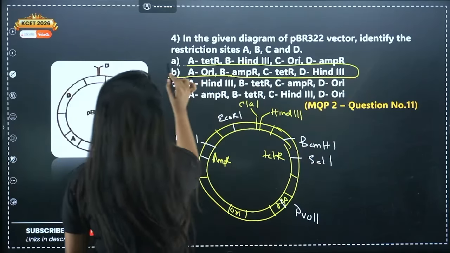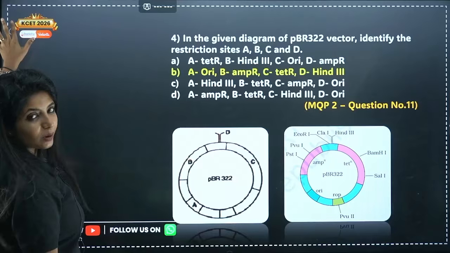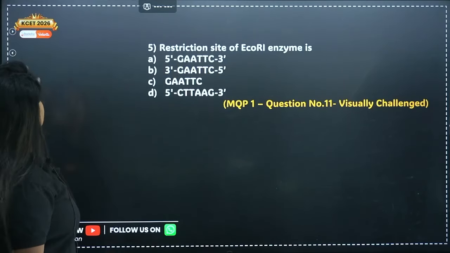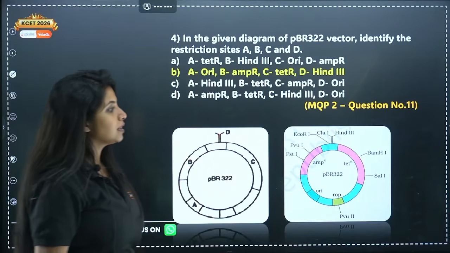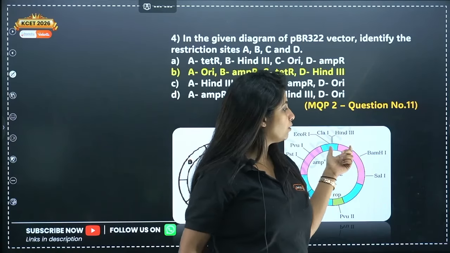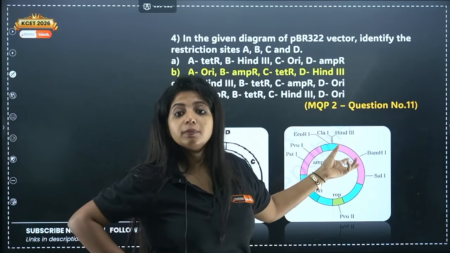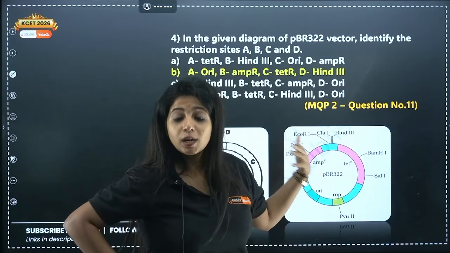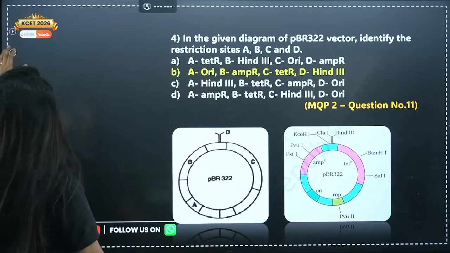So your answer for this question becomes B. This picture, you might be asked to draw it or identify it. You might be asked that if I am cutting with BamHI, which gene will not be doing its function? It is tetracycline resistance. It won't be tetracycline resistant anymore because you're cutting that particular region out there and you're inserting something.